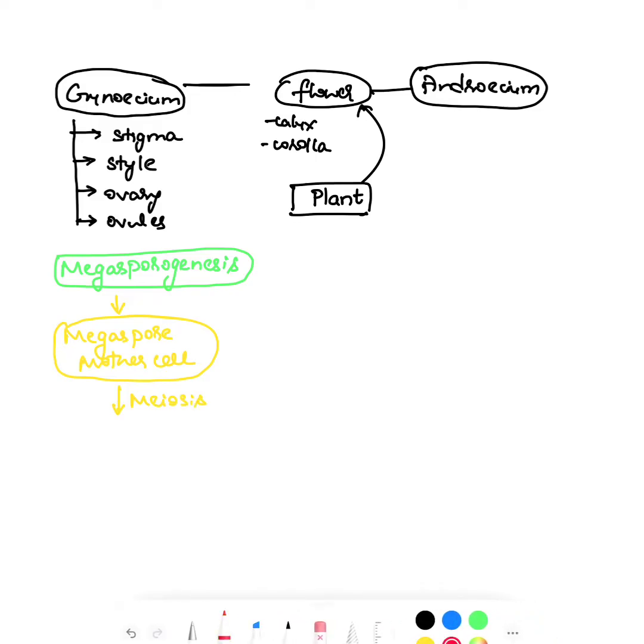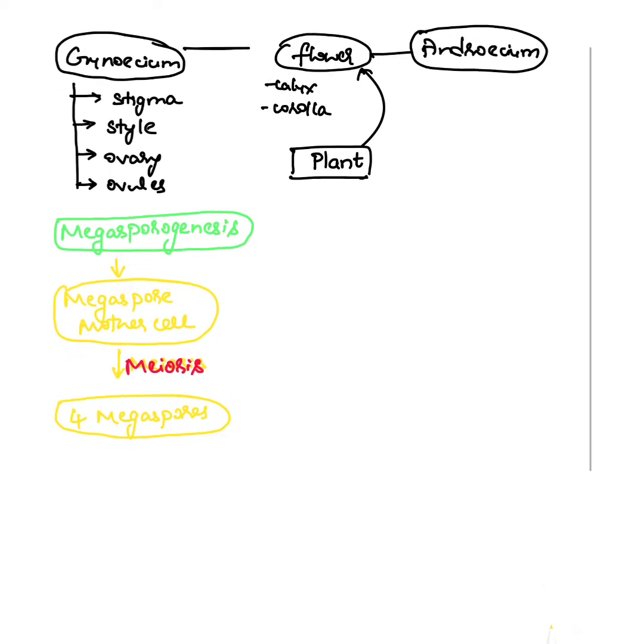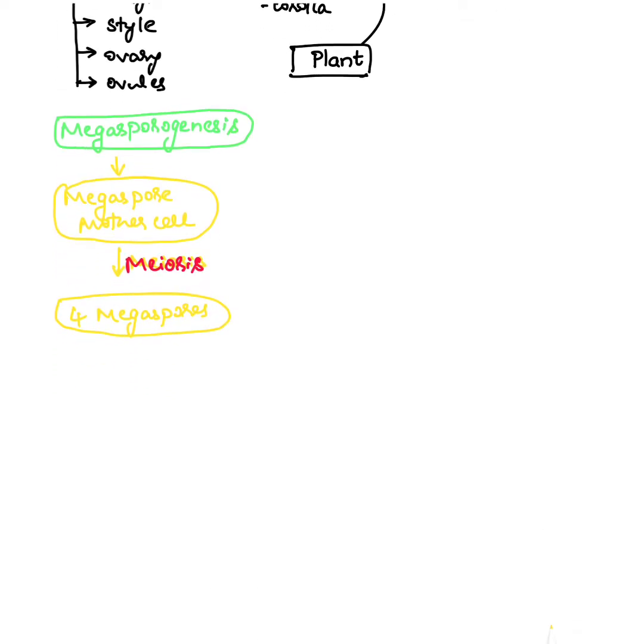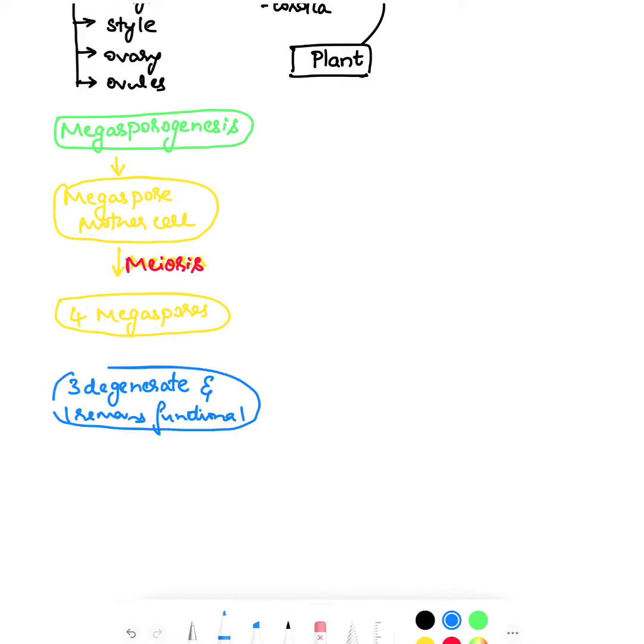It will undergo meiosis, and then it will form how many megaspores? 4 megaspores. Out of 4 megaspores, how many will degenerate? 3 will degenerate, and only 1 remains functional.